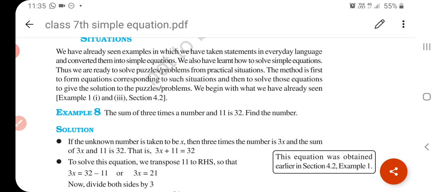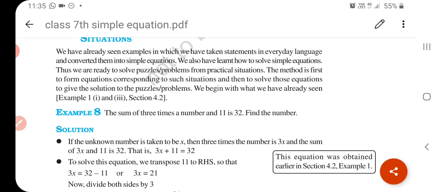Now our fourth step is to represent what is to be found out by x or y, meaning what is unknown. Firstly, you have to see what the unknown is in the problem. Which variable do you want to take, x or y? Understand? Now state the relationship as an algebraic linear equation.